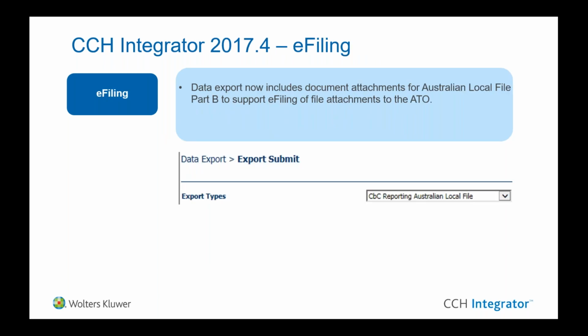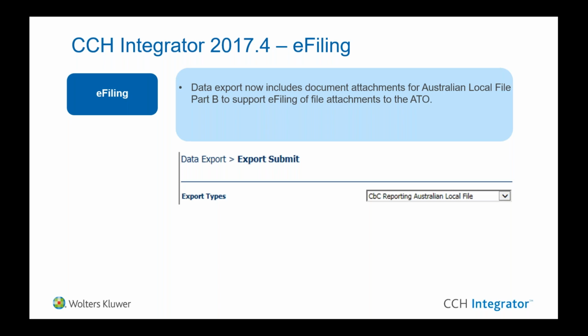So moving on from reporting, in the 2017.4 release, we've also added the ability for a client to data export out their Australian local file return and associated documents and file those straight to the ATO. So traditionally, within CCH Integrator, from an Australian requirement perspective, we've never had the requirement to send or e-file attachments with the ATO.